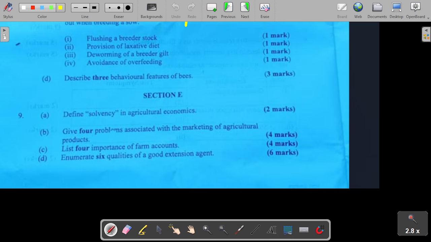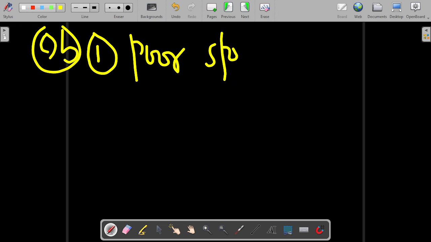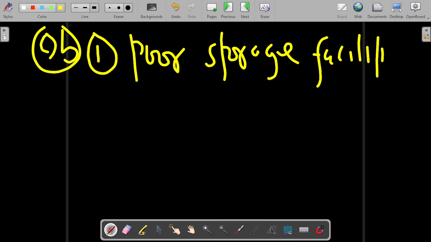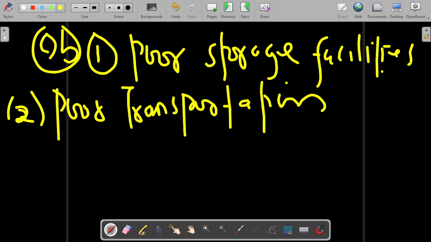9B says give 4 problems associated with the marketing of agricultural products. Number 1, poor storage facilities. Number 2, poor transportation network.